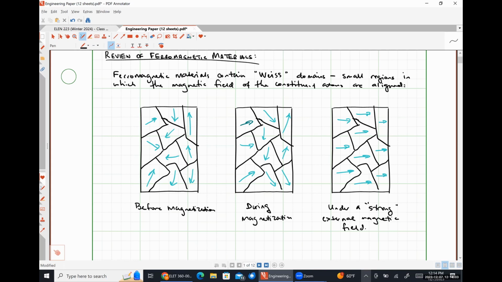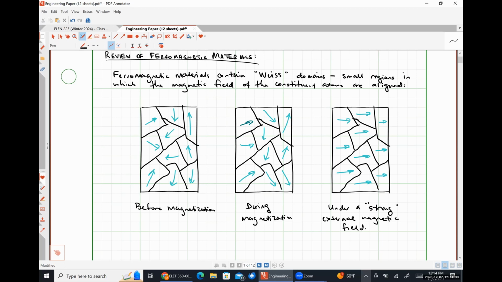Now, what would happen if we were to pass even more current through our coil? Anybody have any thoughts on that? So we know that our magnetic field strength, H, is proportional to the amount of current that we apply, right? So if I is larger, the value of H is larger. So we should expect to see that our magnetic field lines line up because we're in the presence of a strong external magnetic field.